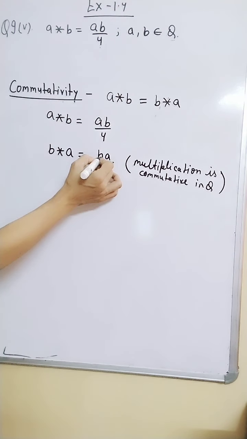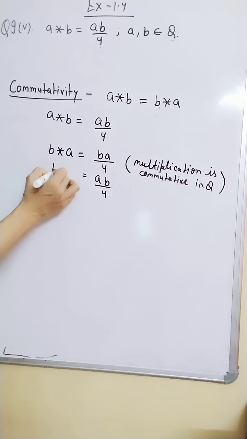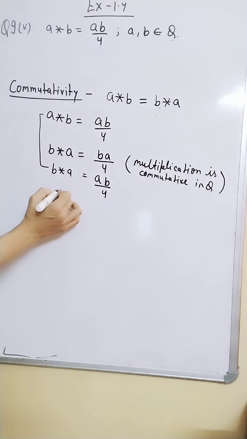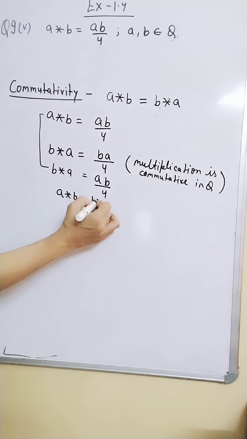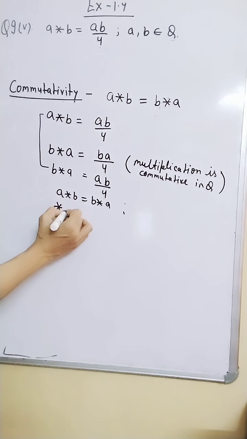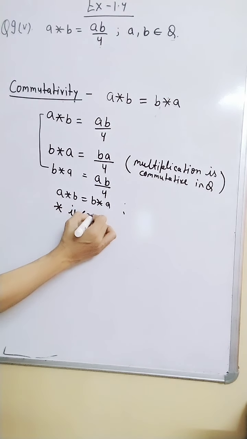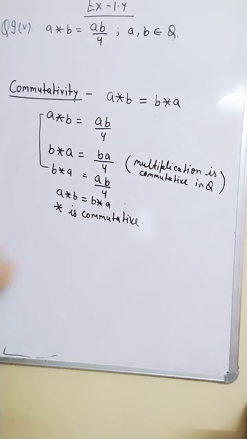So we can write BA as AB upon 4. So what we are getting here is that both the values are equal. So we can write A operation B is equal to B operation A. And if this is equal, it means that the operation is commutative. Clear? Now we will check associativity.